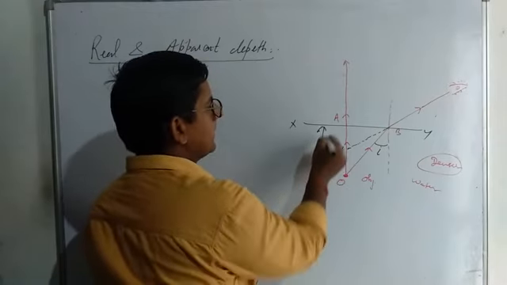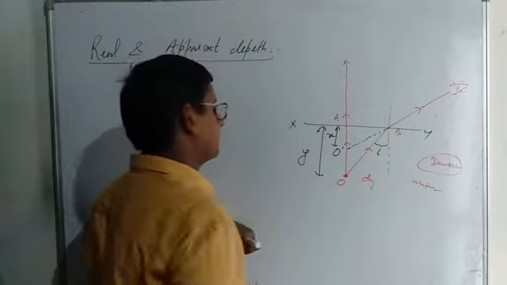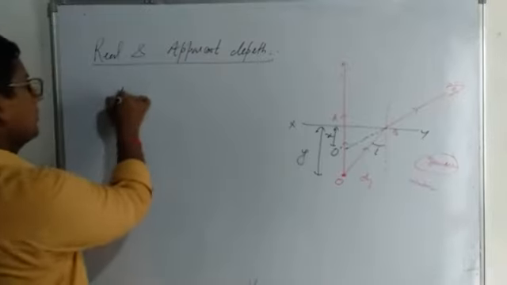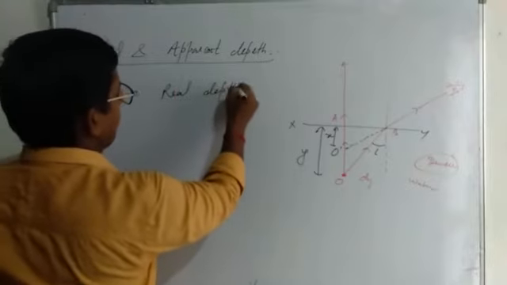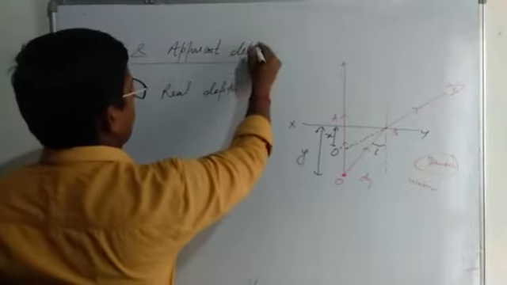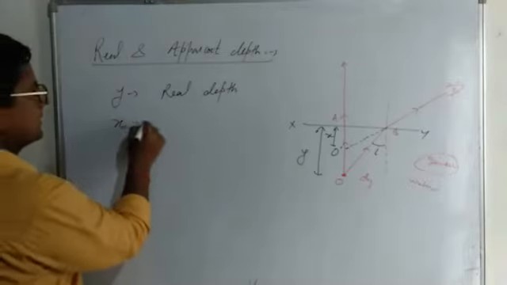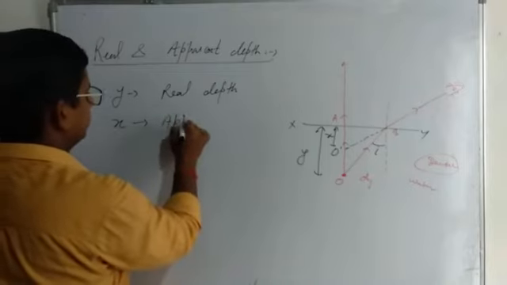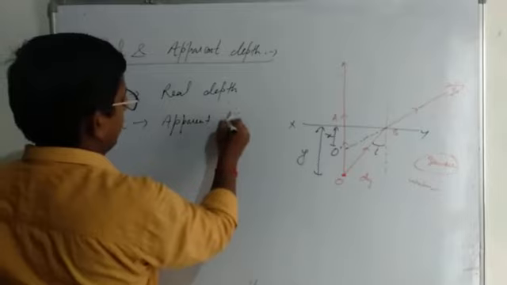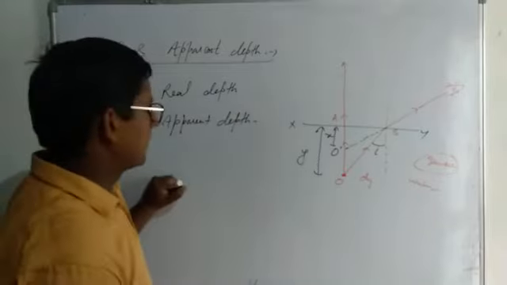The actual depth is, let's say, Y, and the apparent depth is X. Y is the real depth and X is the apparent depth.